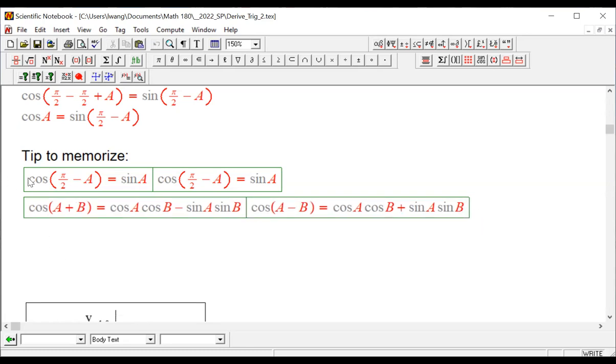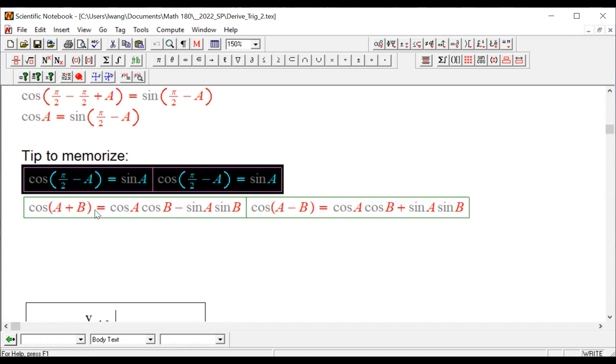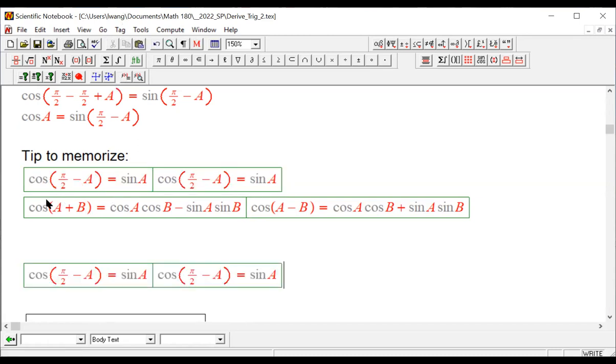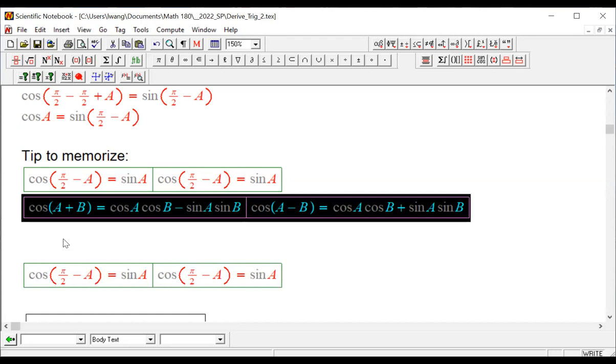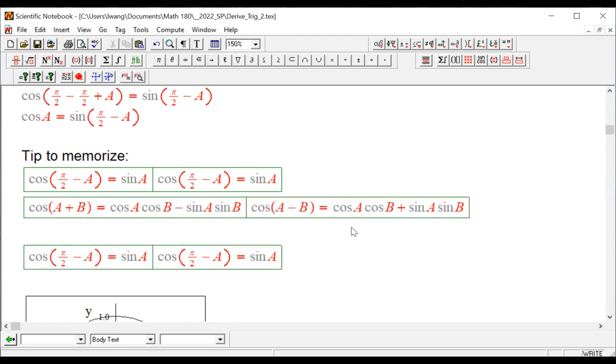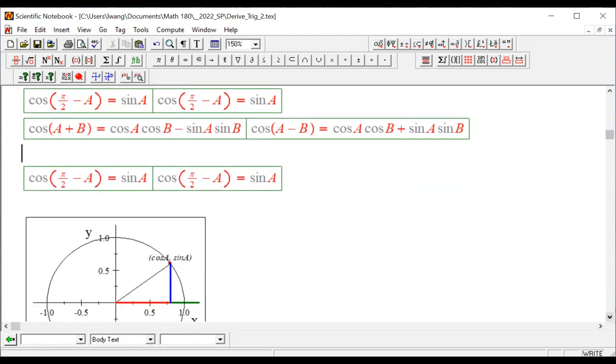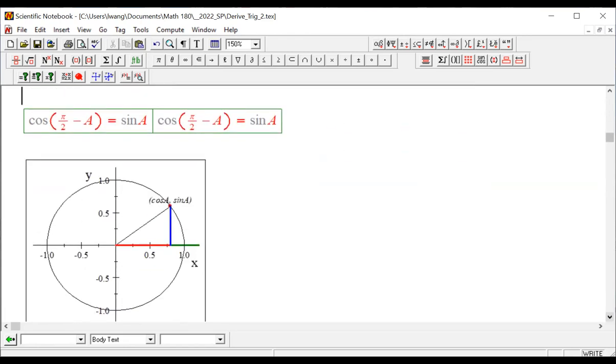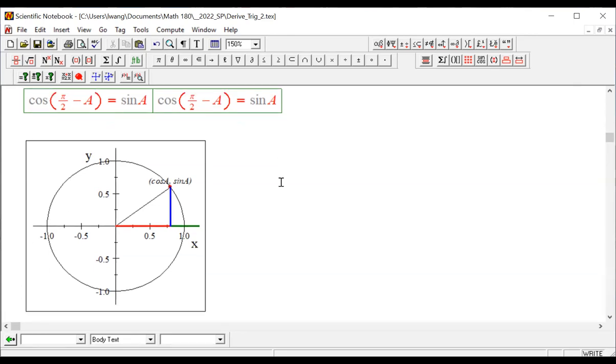But how do we memorize the first one? The second two are not so difficult to memorize once you went through the step to prove it. We're going to use it so many times. So here I draw a picture to help us to memorize this.